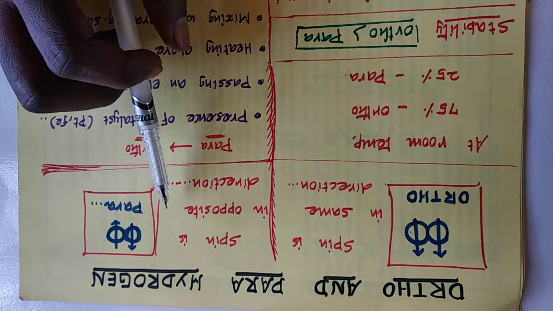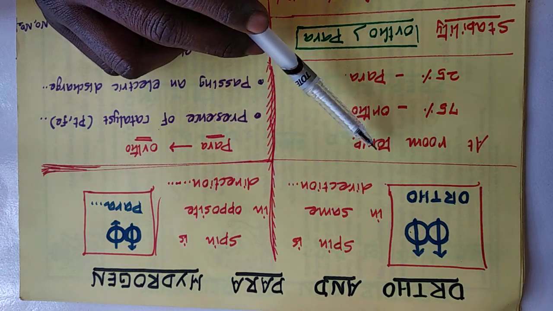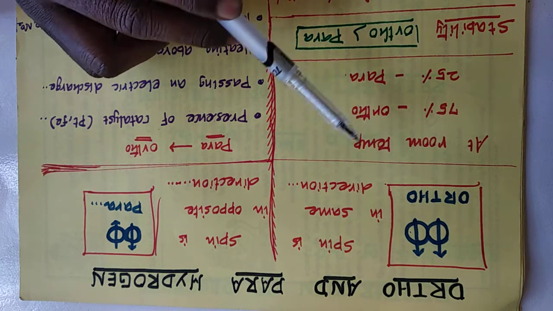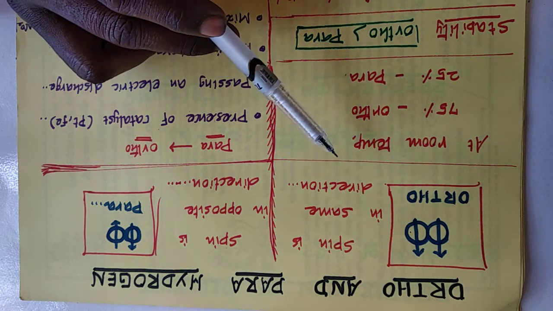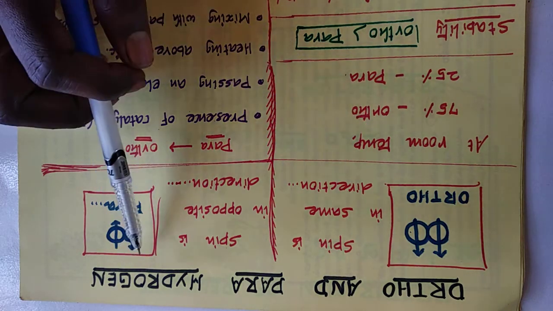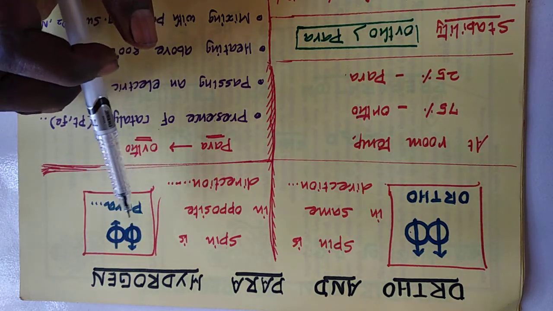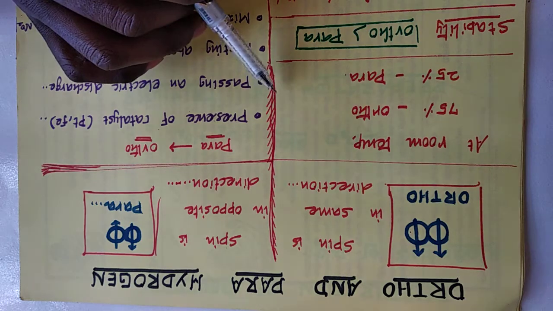What are ortho and para hydrogen? Ortho hydrogen is a hydrogen molecule in which the nuclei of both the hydrogen atoms are spinning in the same direction, either clockwise or anti-clockwise, whereas para hydrogen is a molecular hydrogen in which the nuclei of the hydrogen atoms are spinning in opposite directions.